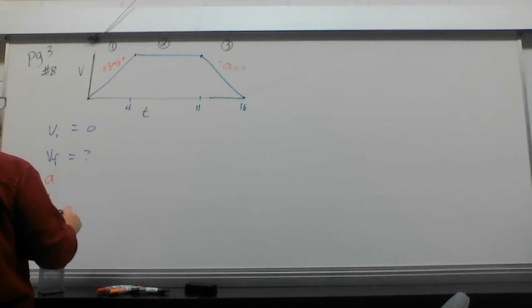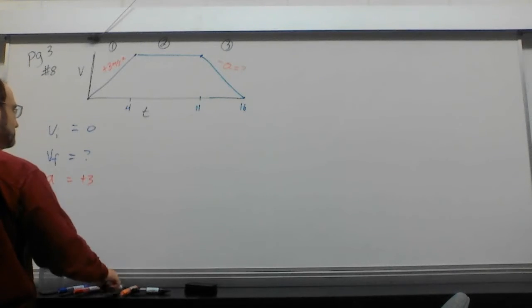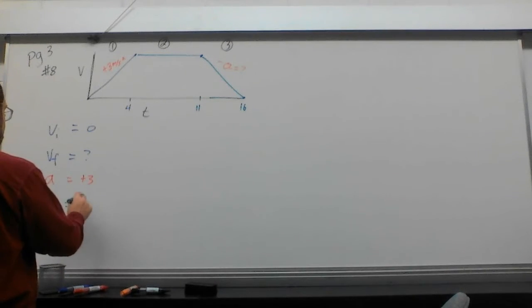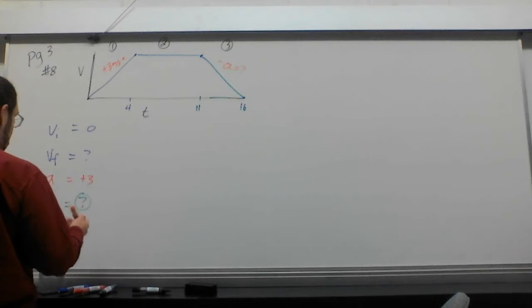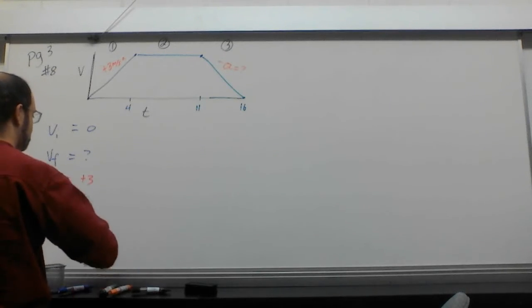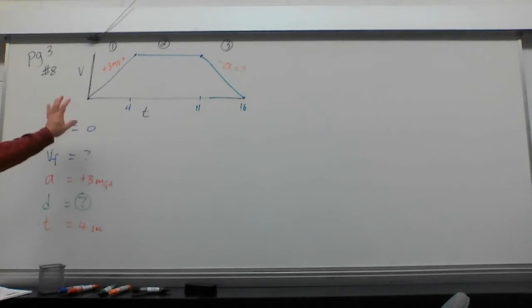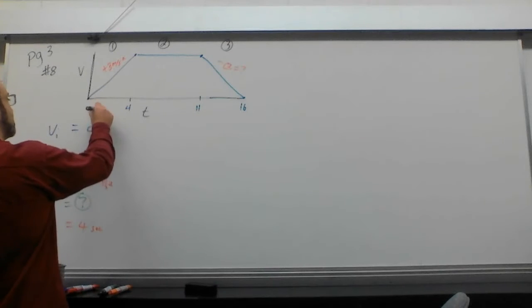VF, I don't know. A, I do know. It says that it's going to be plus 3. D, I don't know. And I am looking for it in the question. T, did tell me that. This is going to be 4 seconds. I should put some units on here. Let's not be super lazy, Mr. C. Come on, this is an example video. Okay, so that is all the information for section 1.